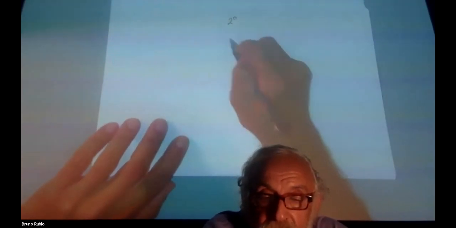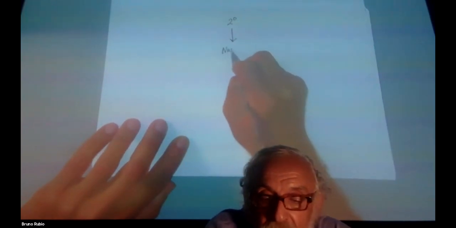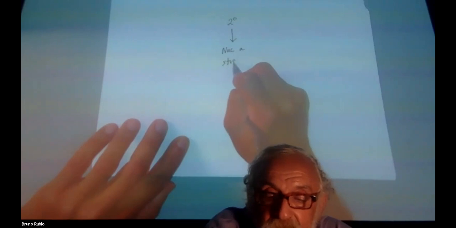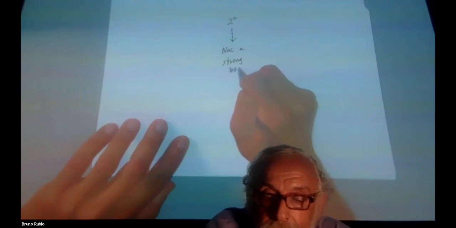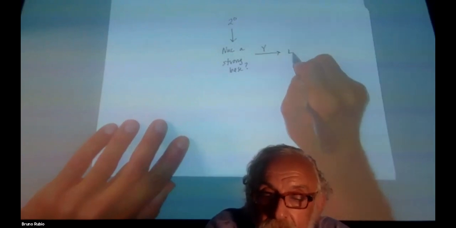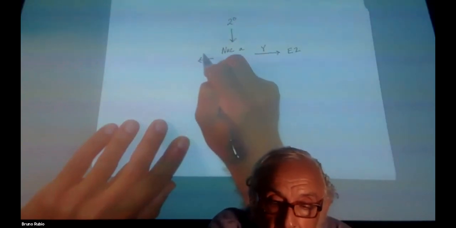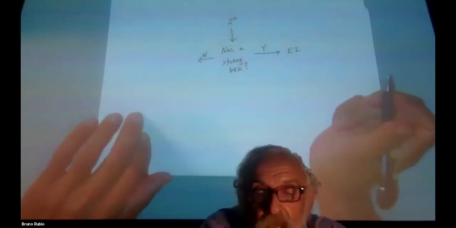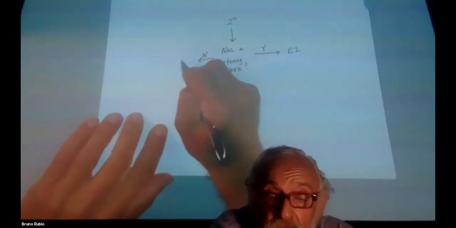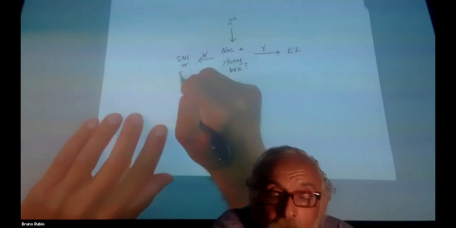The other ones are easier to deal with. Secondary substrate, nucleophile a strong base? Question, yes, get E2. No, this is going to be either SN2 or SN1.